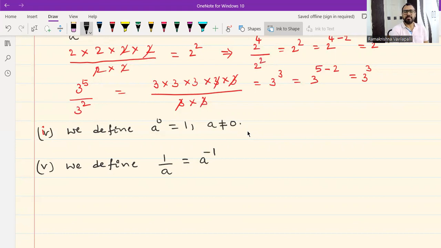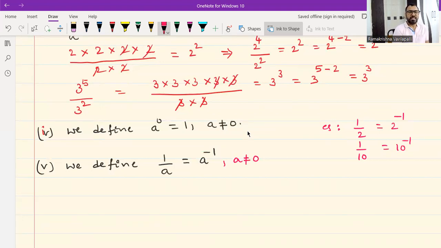So for example, 1 by 2, simply we write this as 2 to the power of minus 1. Or 1 by 10, we write this as 10 to the power of minus 1. Here a is not equal to 0 because we are writing 1 by a.